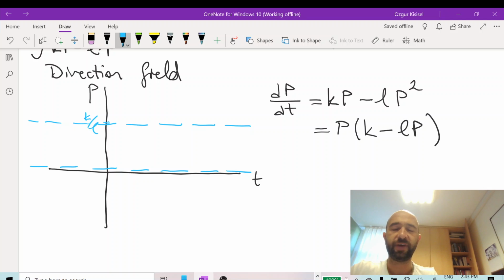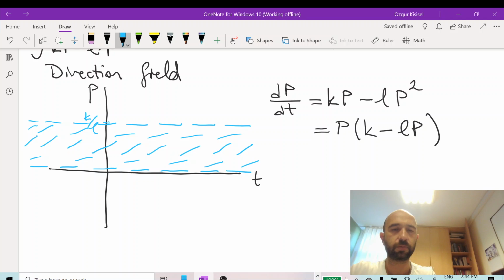In between these two values, so if p is smaller than k over L but greater than 0, the slopes will be positive. So we'll have some positive slopes here. This is a quadratic polynomial, so the maximum will be actually really halfway between 0 and k over L, but never mind. If you draw it, you'll see positive slopes in this region. It will essentially look like that.